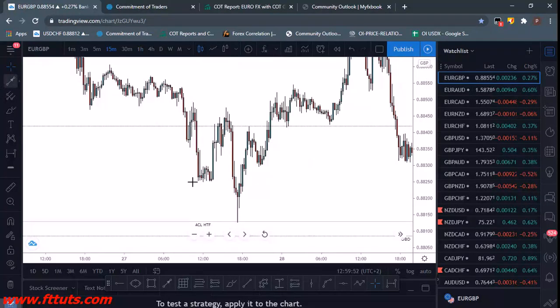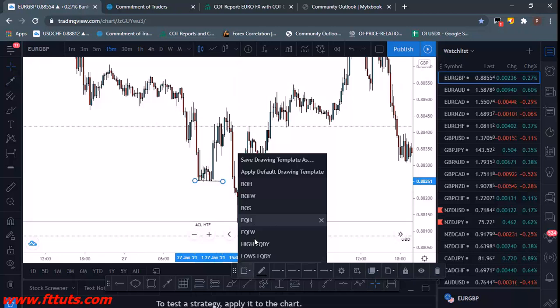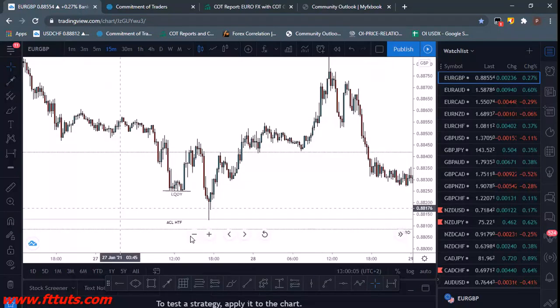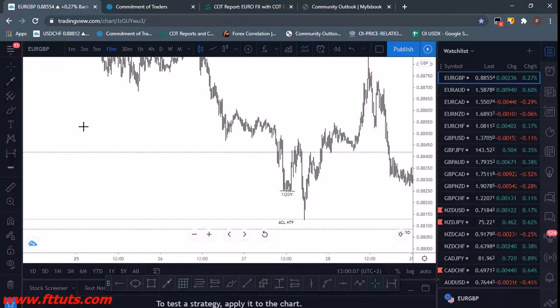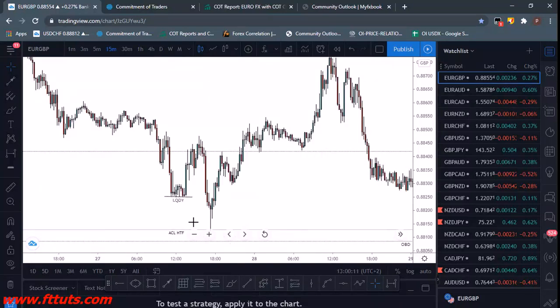There was also this nice smaller time frame liquidity that was created. So my entry was supposed to be coming from this area.